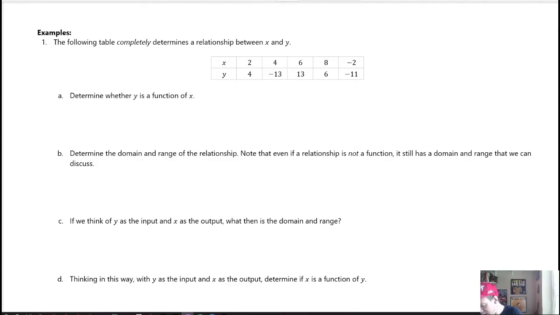So we want to say, is y a function of x? Or the wording here is, determine whether y is a function of x.